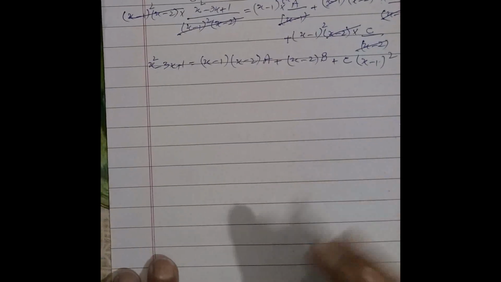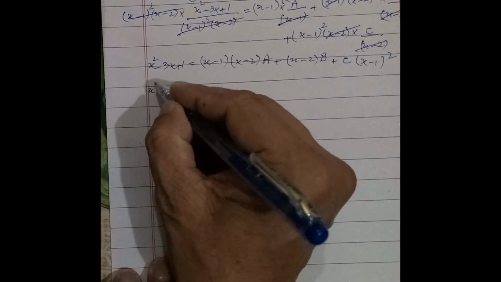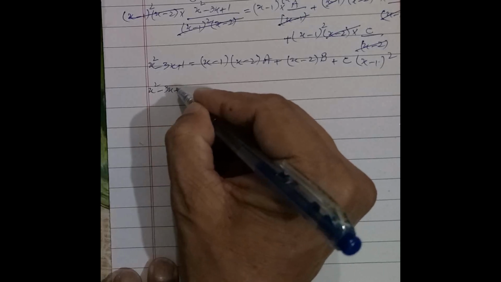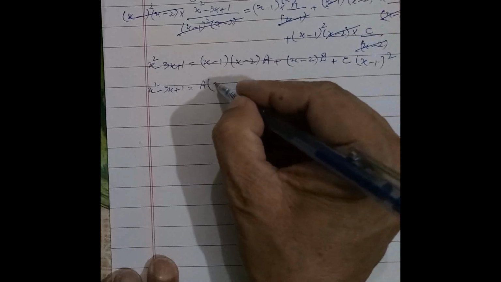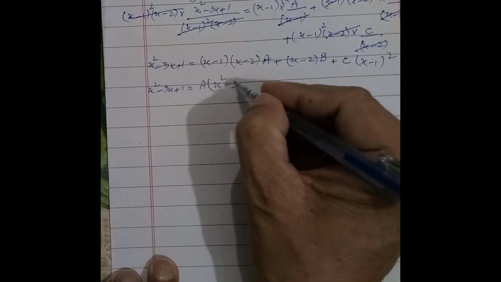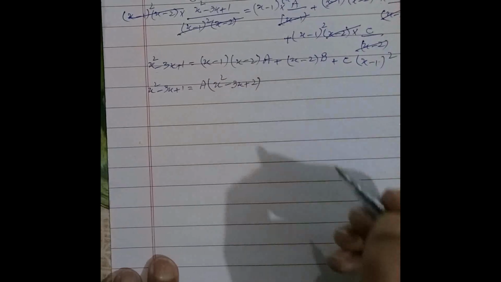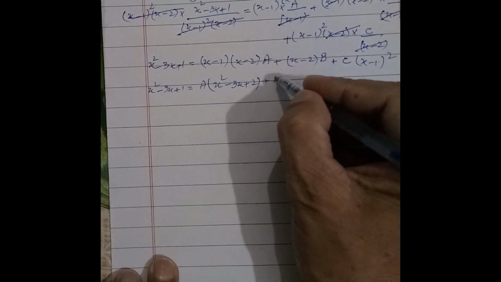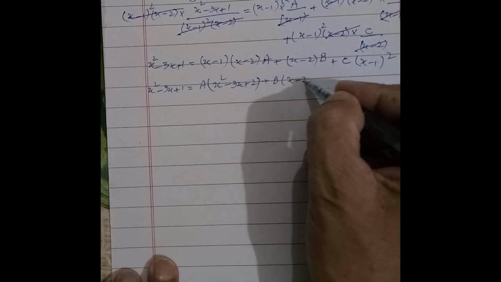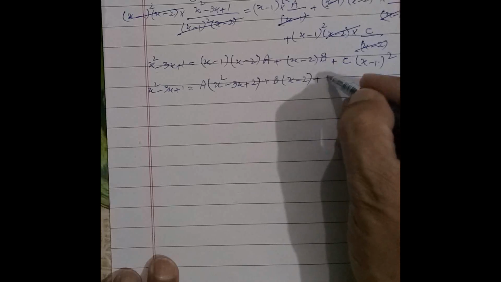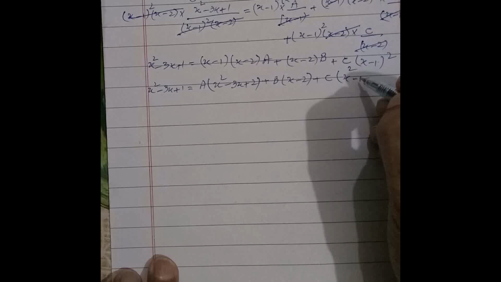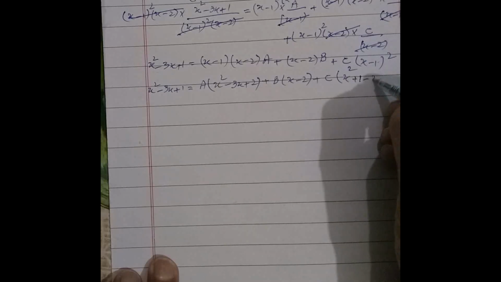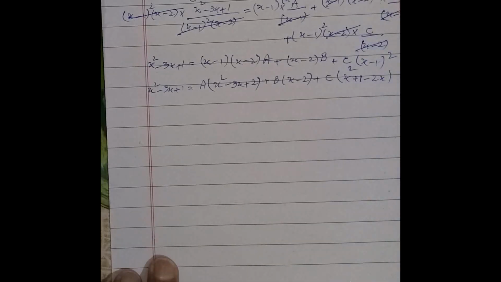Now further simplify. x square minus 3x plus 1 is equal to a into x square minus 3x plus 2 plus b into x minus 2 plus c into x square plus 1 minus 2x.